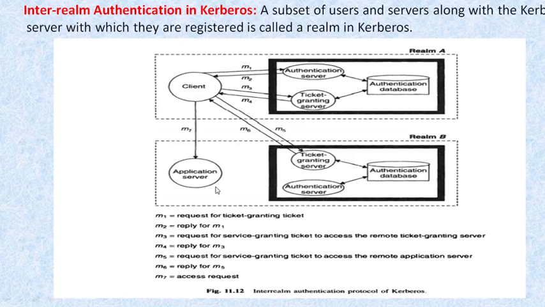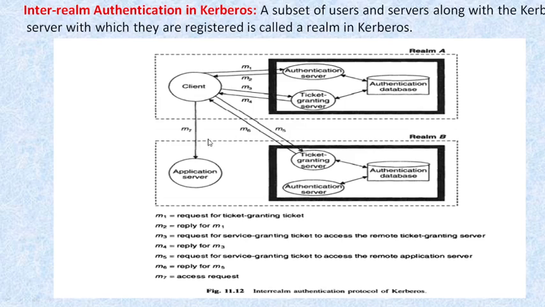So for this purpose, when the client wants to get services on another ring, he has to first make a request to the ticket granting server of his own ring, and after getting access to the ticket granting server of the other ring, after obtaining that service granting ticket, only then does the client make a request to the application server.